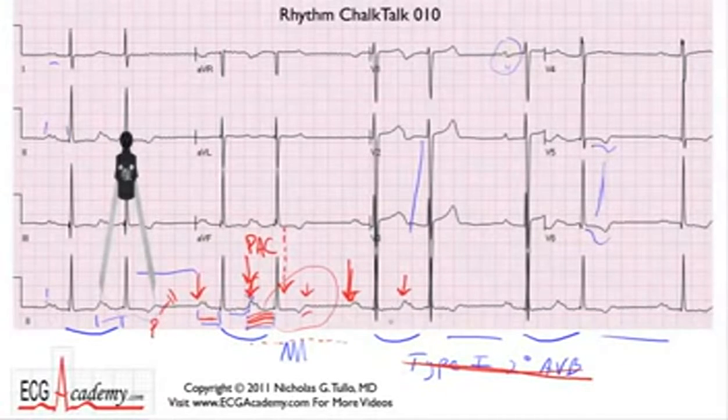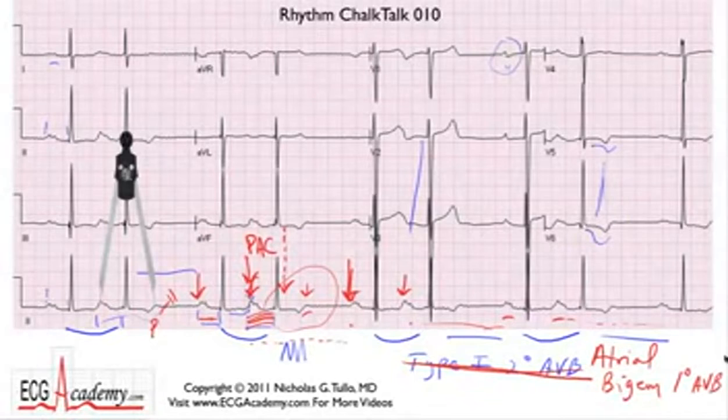Okay, so you have a pattern of a sinus beat, PAC, compensatory pause, sinus beat, PAC, compensatory pause. What do we call the pattern when an ectopic beat occurs every other? It's bigeminy. I think we've seen this before. This is atrial bigeminy with a first-degree AV block, but there's no second-degree AV block here.